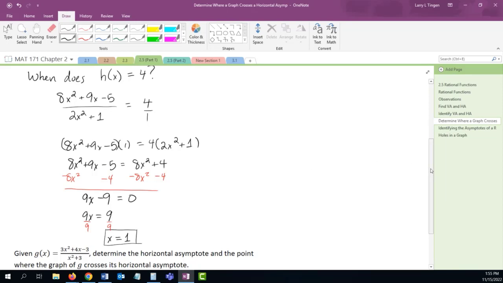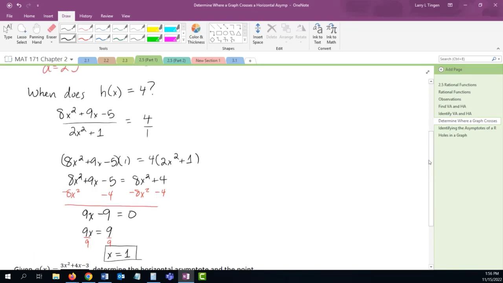Now, remember the question we're asking. We're asking, when does h of x equal 4? Well, it does it when x is 1. Let's check to make sure that's right. Make sure we didn't make a mistake.